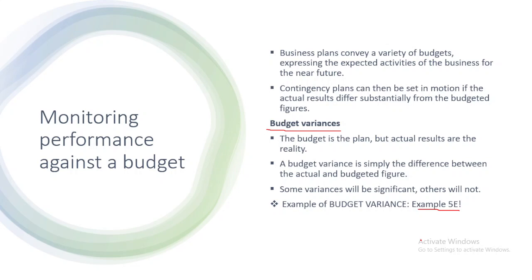So what is actually happening is we are comparing the budgeted result and the actual result, and we get to see if we deviated from what we budgeted, and then the result can either be favorable or unfavorable based on the terminology I just said. If you budgeted to sell 1000 units and you went and sold 800 units and the selling price stays the same, that means that we made a loss. That's an unfavorable variance because we didn't manage to receive what we expected.